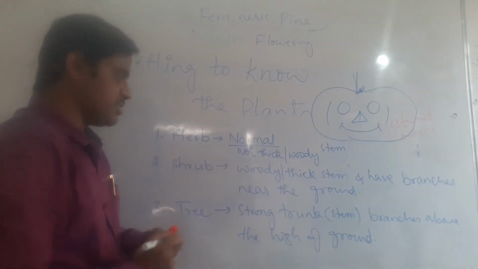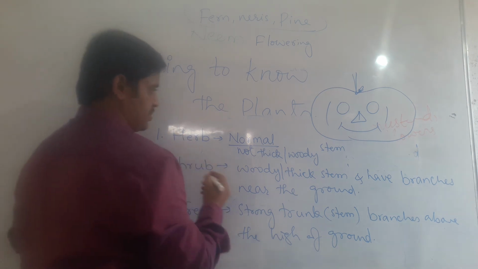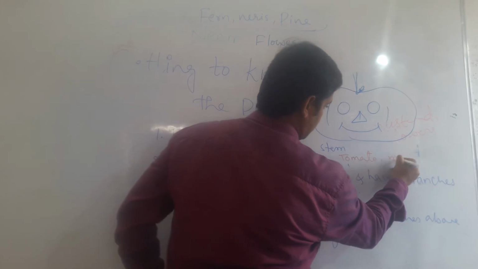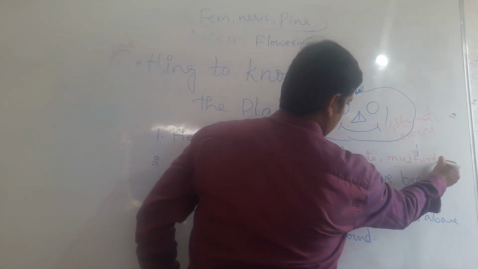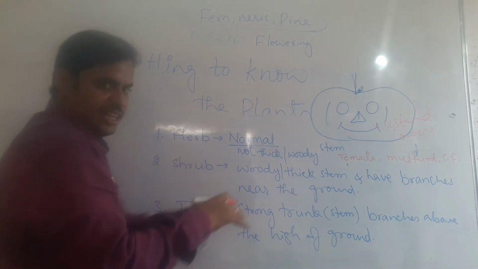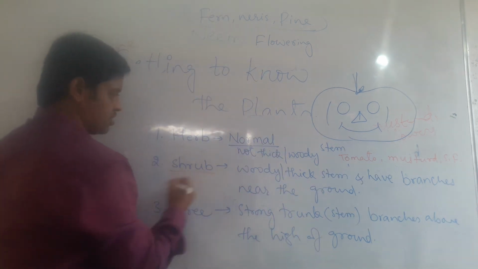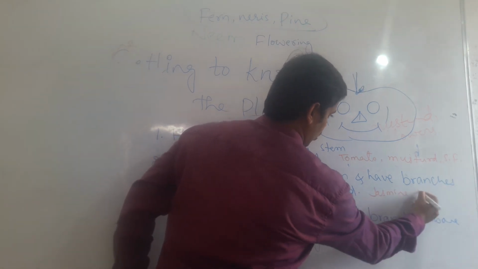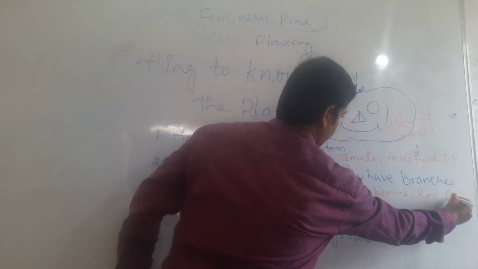Right? So let us take some examples. Herbs: tomato, mustard, sunflower. These are the examples for herbs. They appear like a bush. And next is shrubs. Flowering plants like jasmine, rose, bougainvillea.